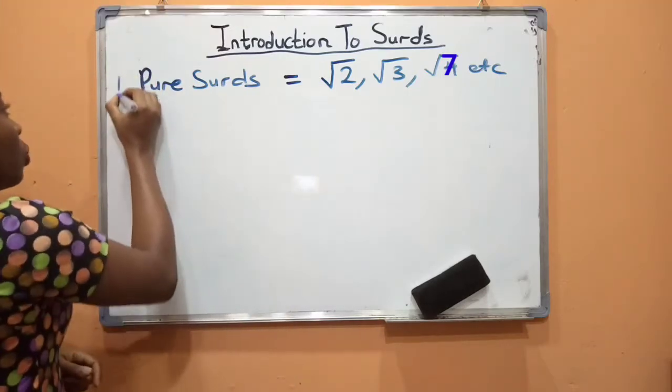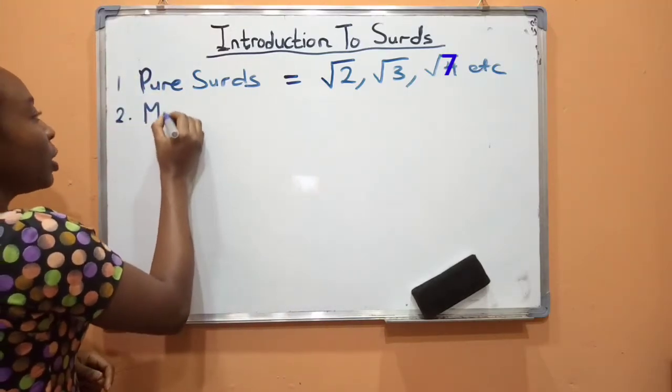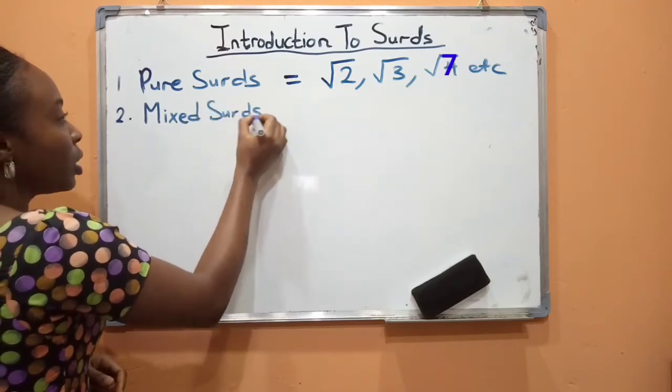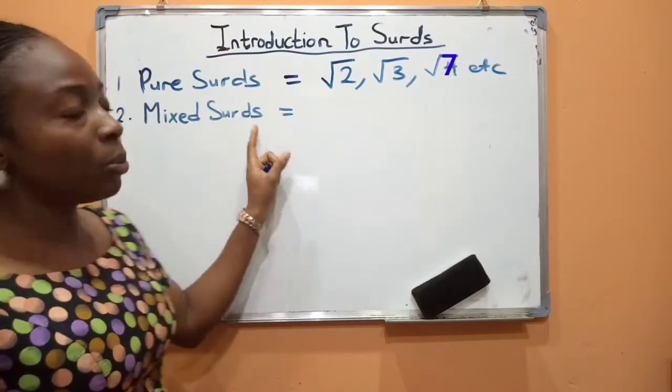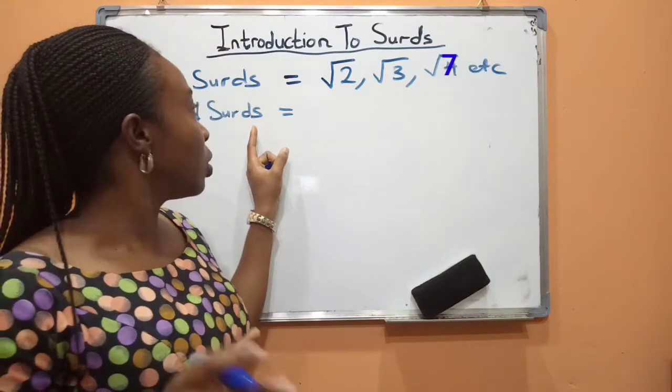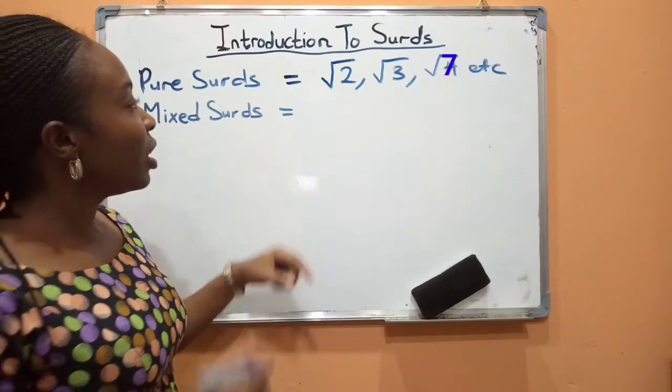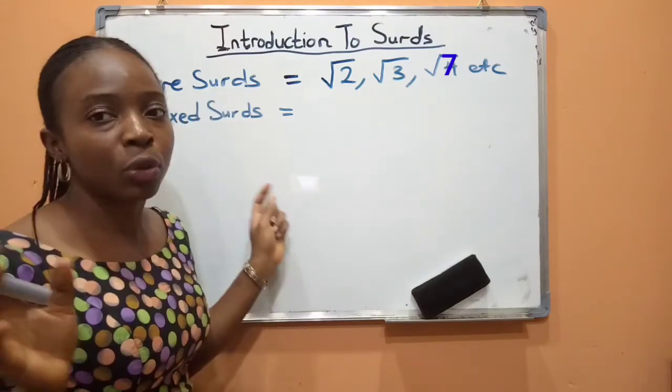The second one we have is called mixed surds. So when you talk of a mixed surd, what is a mixed surd? It's simply a surd that contains a rational number and a root.